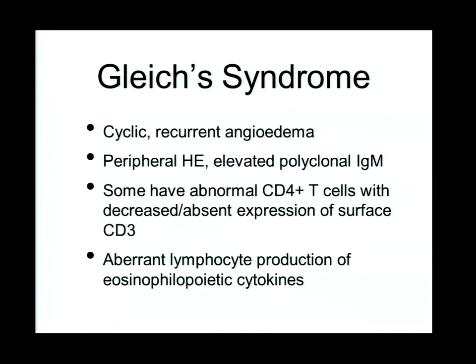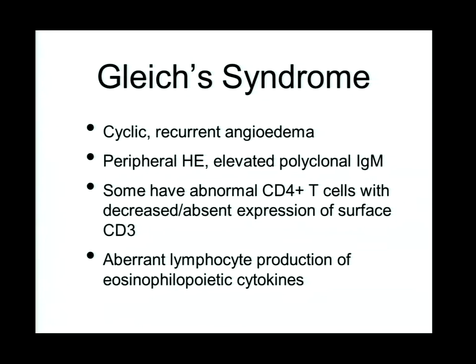Gleich syndrome, this is an interesting but rare disease. This is actually seen with cyclical recurrent angioedema. And I actually had a patient where I thought this was a potential diagnosis, but it wasn't. But the patients with Gleich syndrome can present with these episodic angioedema. It can occur once every few weeks, and they're relatively asymptomatic in between.